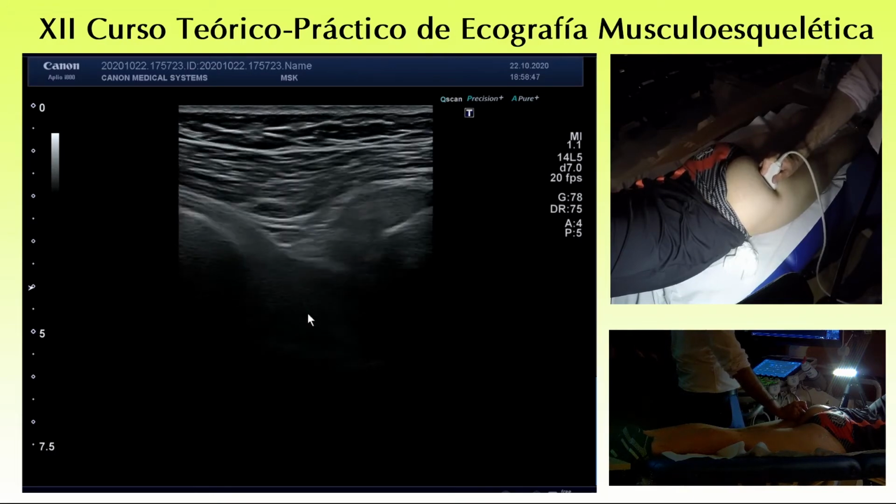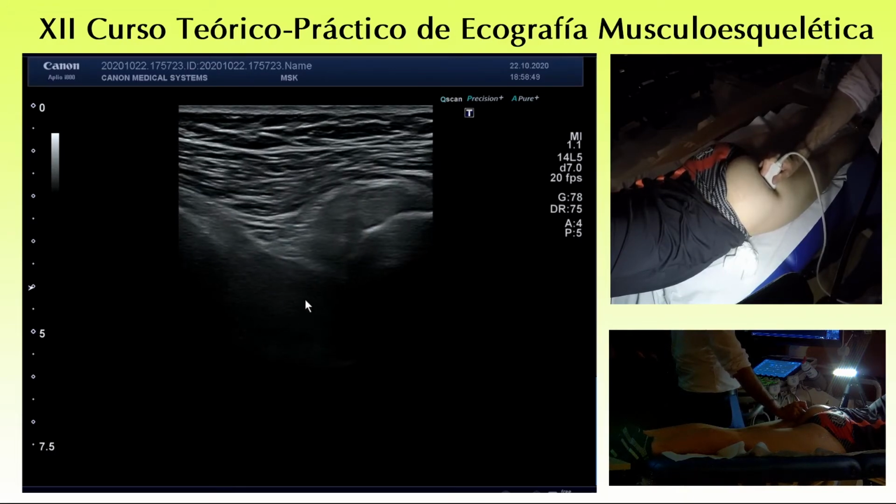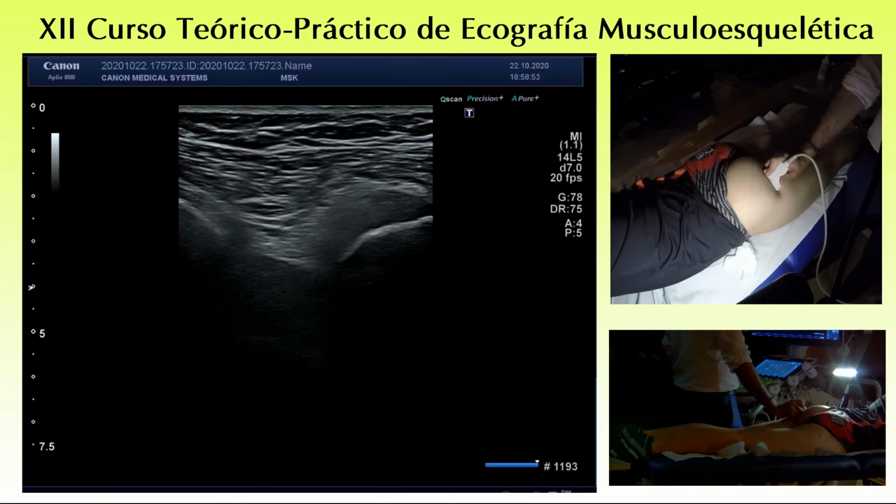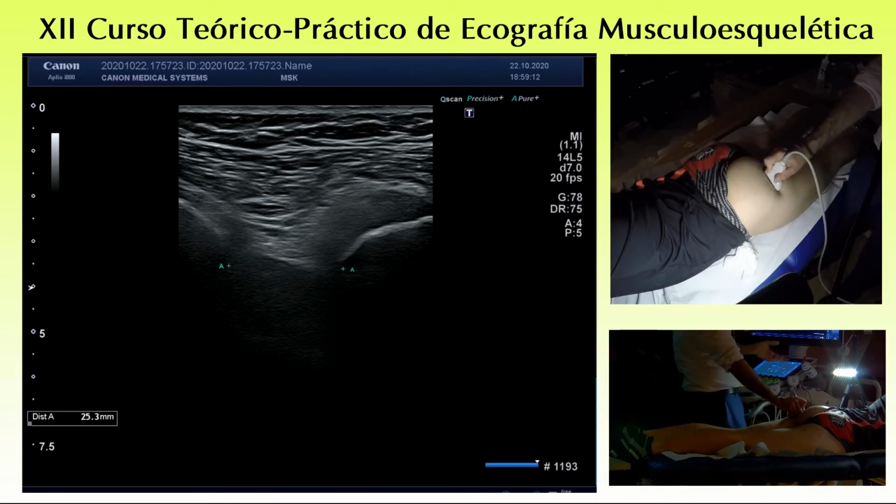There is also some paper that measured the distance between the tuberosity and the trochanter, and if less than 2 centimeters, it could be a sign of ischiofemoral impingement.